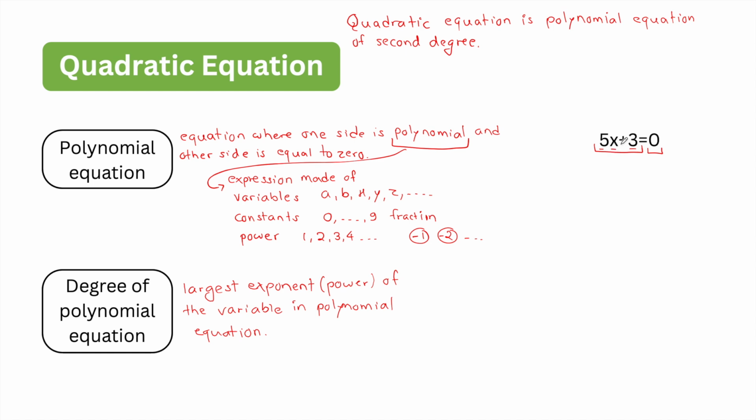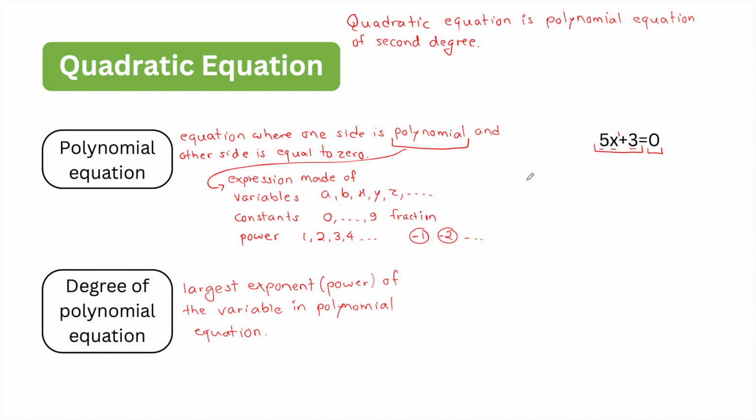If a variable is written without power, then the variable has power of 1. Here x has power of 1. So you get constant, variable, power in the polynomial. This is a polynomial equation, and the power is not negative, it is positive, so plus 1.